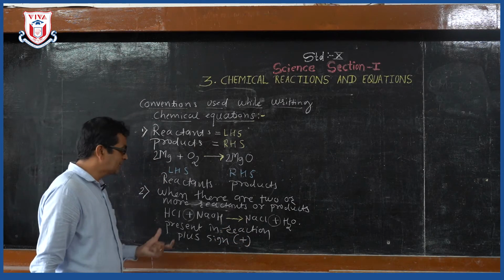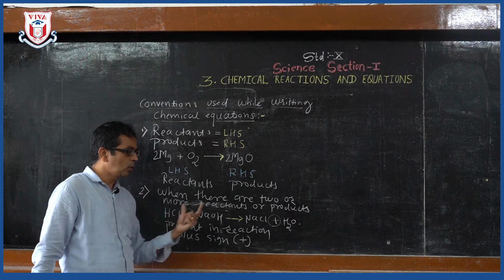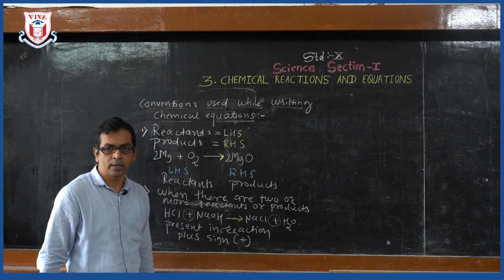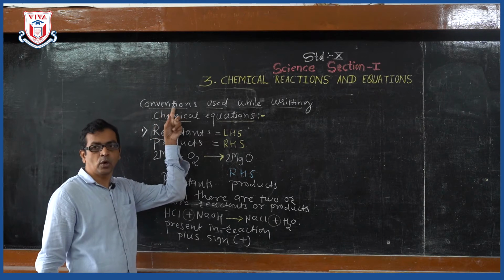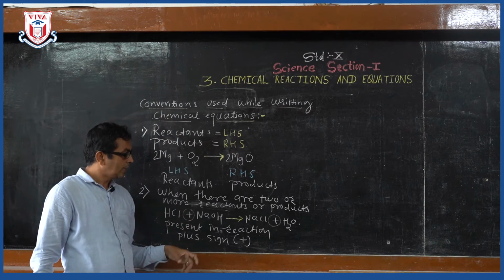You have to put a plus sign between the two reactants or between the two products. This is the second convention, or you can say second rule in a chemical reaction.